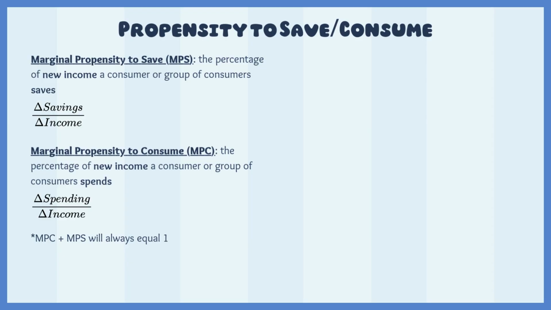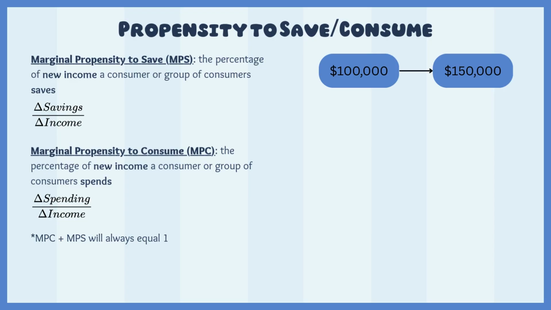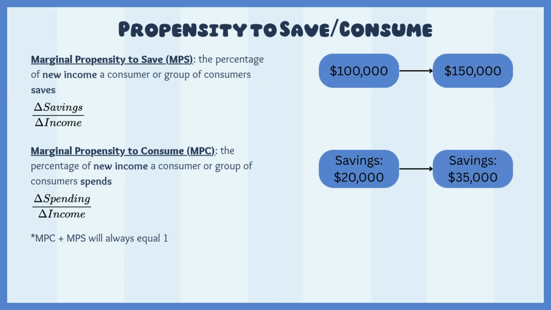Say a person's income increased from $100,000 to $150,000, and the amount put into their savings increases from $20,000 to $35,000. To find the marginal propensity to save, we must determine the change in the values. The income changed by $50,000 and the savings changed by $15,000.